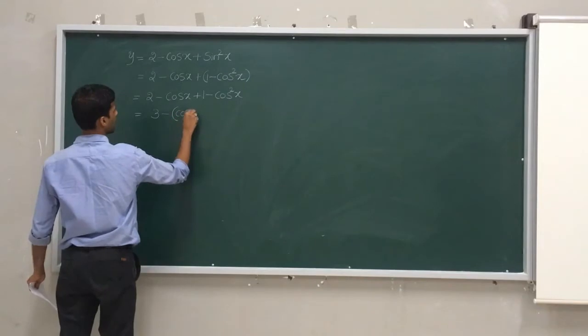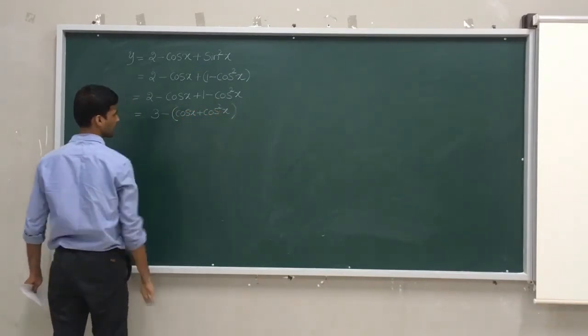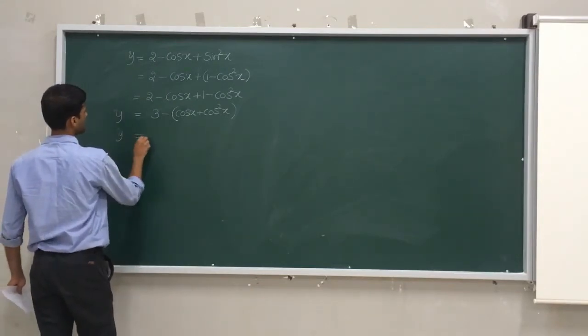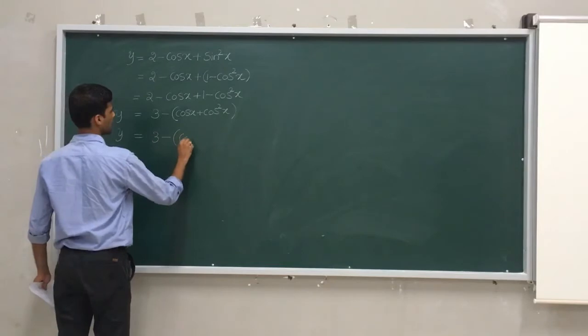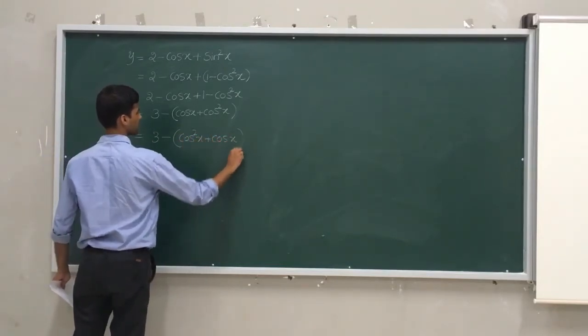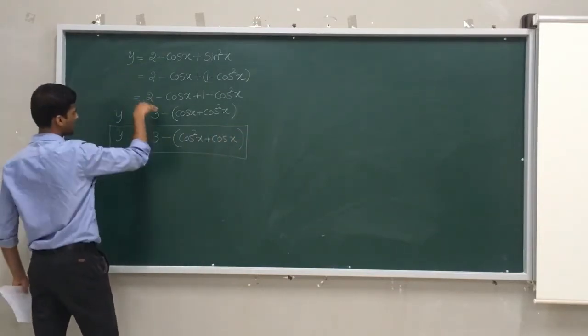I'll write this as 3 minus, common, cos x plus cos square x. If you want, you can rewrite this as 3 minus cos square x plus cos x. Okay, so this is the given question. I have expressed it in this fashion.